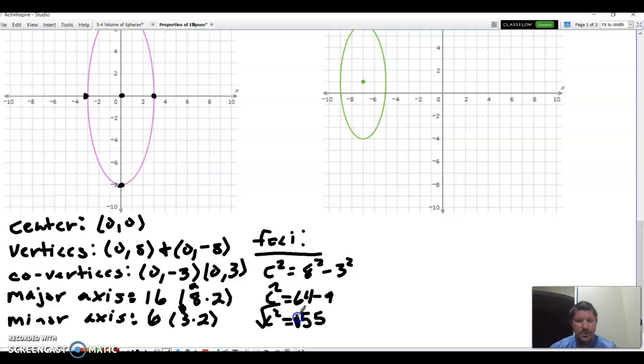So then we take the square root, and c is the square root of 55. So that means that my foci are going to be along here, so (0, square root of 55) and (0, negative square root of 55).